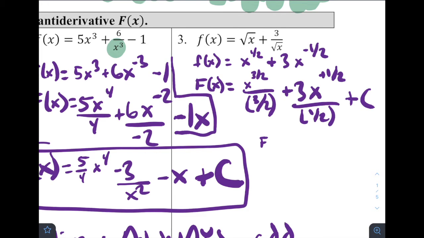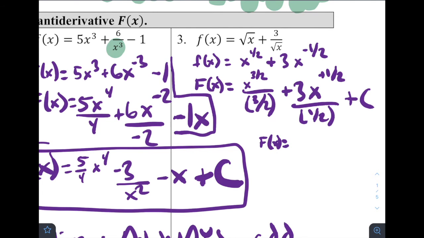So that's going to equal, we're dividing by a fraction. So that's the same thing as multiplying by its reciprocal. So that's going to be 2x to the 3 over 2 over 3. Notice there 3 over 2, the fraction flipped because we multiplied by the reciprocal here. And I'm going to multiply by the reciprocal here because we're dividing by a fraction again. So that's going to be 3 times 2 over 1.